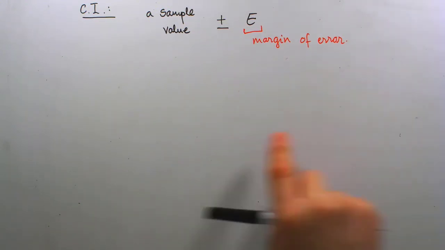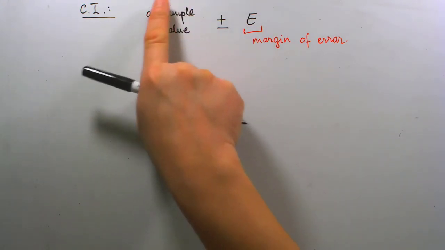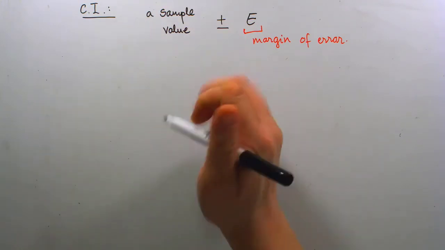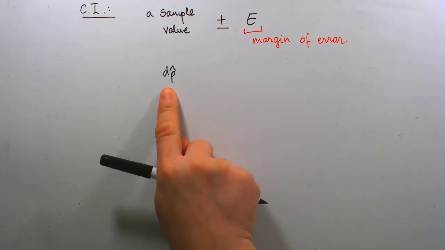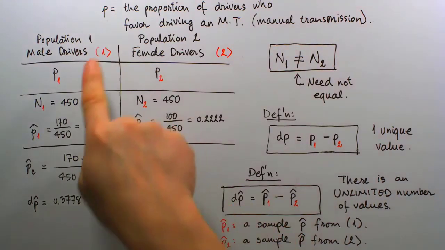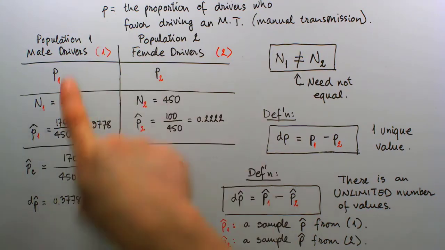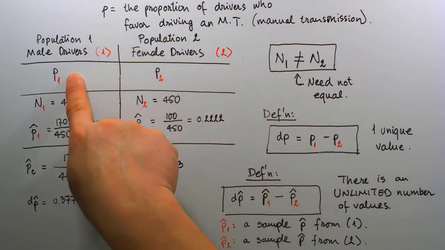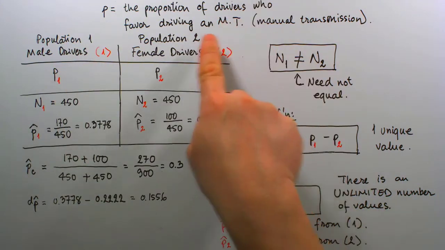And so, since we're estimating dp, the corresponding sample value for dp is going to be our dp hat that we have already found. Now if we look back at the chart that we sketched earlier in the beginning of our lecture, then P1 is the population proportion of male drivers who favor driving a manual transmission.